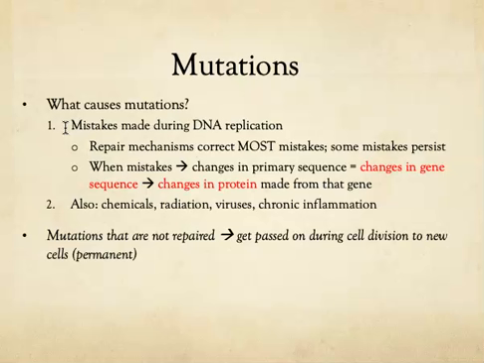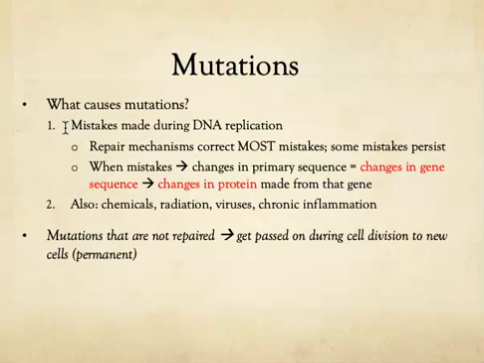When the DNA polymerase enzyme performs DNA replication, in other words, there are times when it will put the wrong base in the new DNA molecule. Now, inside eukaryotic cells, there are multiple repair mechanisms. There are proofreading mechanisms and repair mechanisms that will correct most of those mistakes. But some of them will persist.